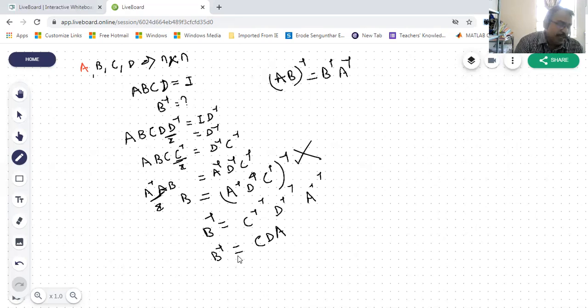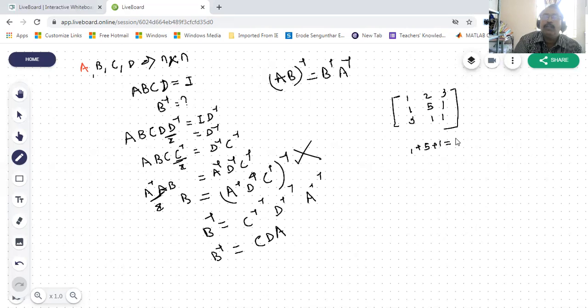Find the sum of the eigenvalues. This is another beautiful question. Sum of the eigenvalues of the matrix with rows 1 2 3, 1 5 1, 3 1 1. The sum of the eigenvalues is equal to the trace of the matrix, so 1 plus 5 plus 1. That is one property you have to remember.